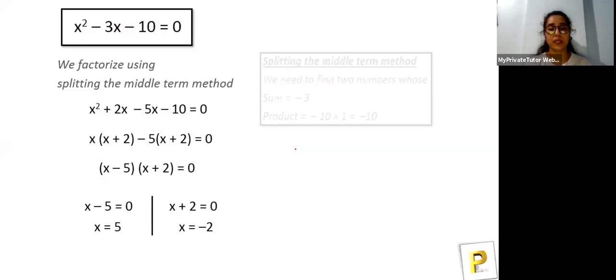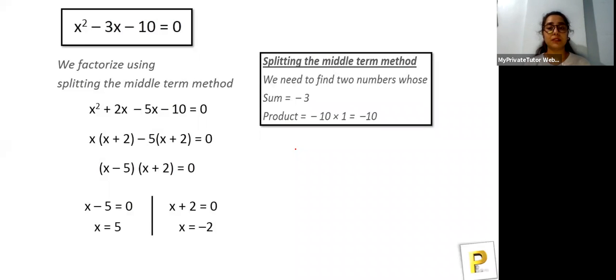That is what we are doing, right? So we need to find two numbers whose sum should be minus 3 and the product should be minus 10 into 1, so that is minus 10.